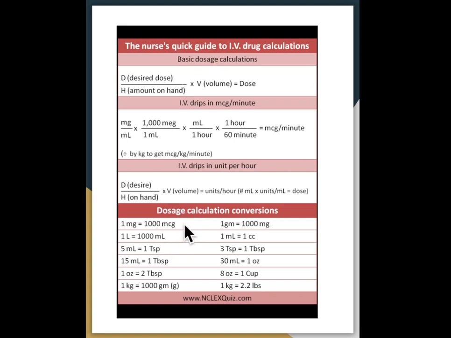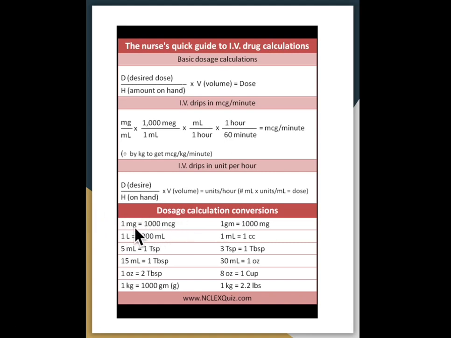All right. So let's get down here to the dosage calculation conversions because these are essential ones. And if I can get you thinking about the essential ones, I think you'll begin to think of others that could be helpful for this test. All right, we know that 1 milligram equals 1,000 micrograms. This is one of the most important conversion rates that you will need to know, right?